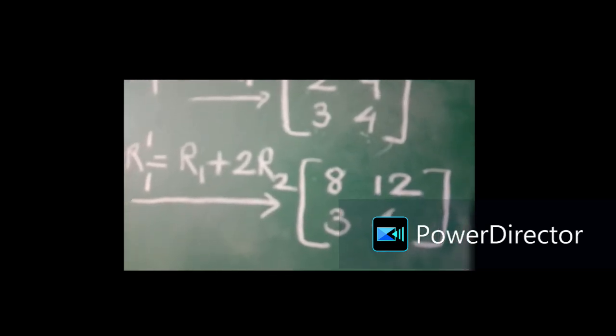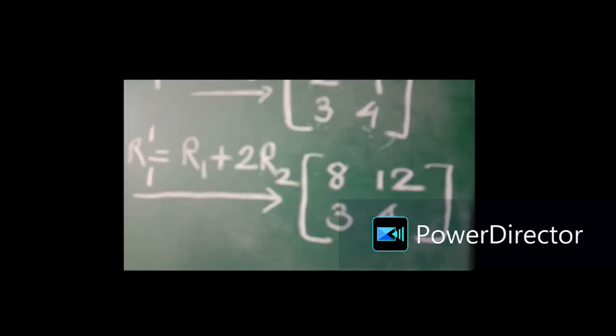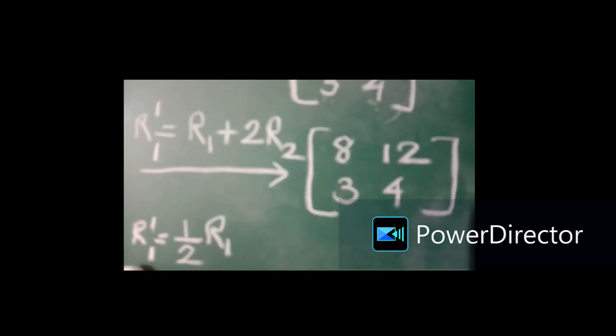Right? So here we have combined the addition operation along with the scalar multiplication. Now we can also divide a certain row or column with a scalar. So here we have the first row 8 and 12. So what I can do is I can divide the elements of the first row with 2. So I'll call this as 1 by 2 R1, which is again going to give me a new R1 which I'll call as R1 dash.